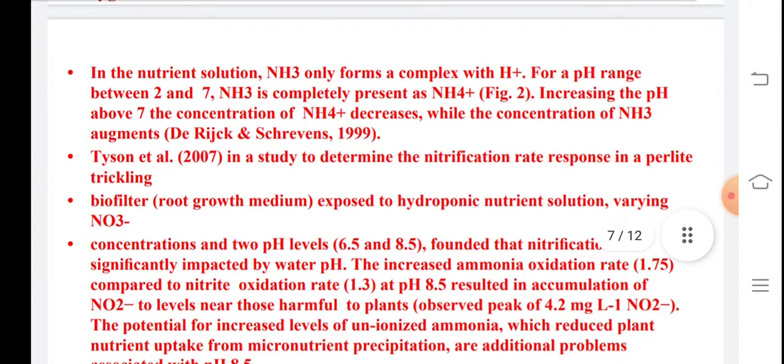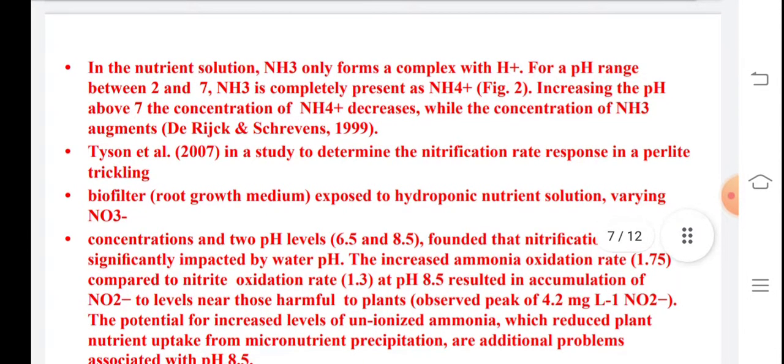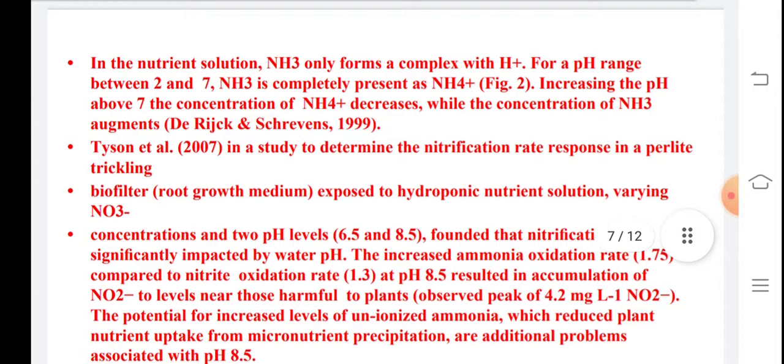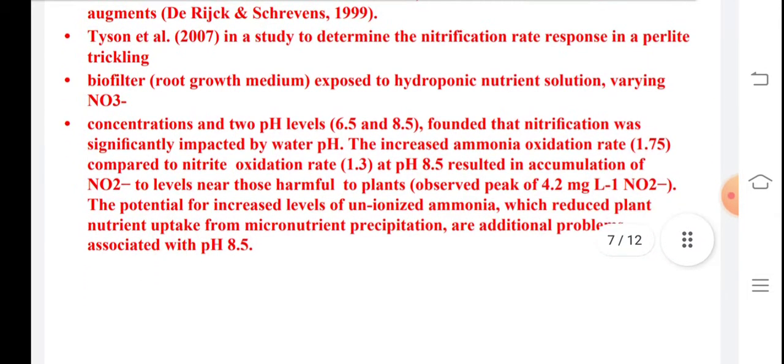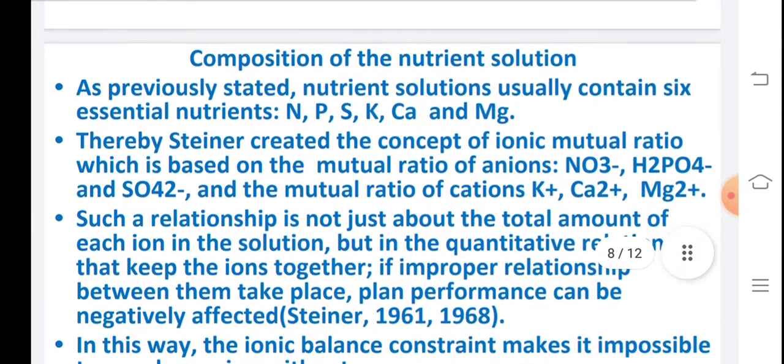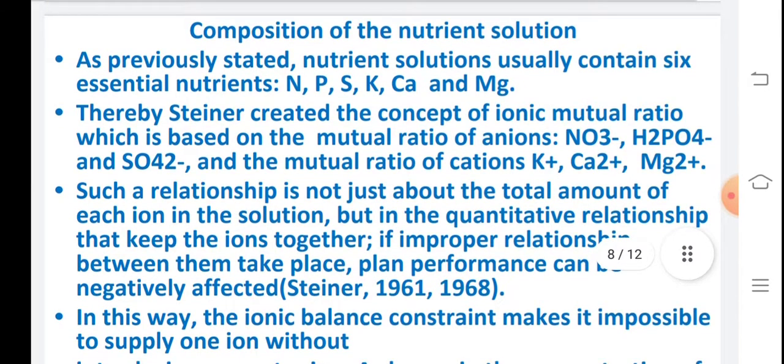Hydrogen ion generally for a pH range between 2 to 7 is also important. Already we have seen the role of ammonia, right? Then the main composition of the nutrient solution is there.